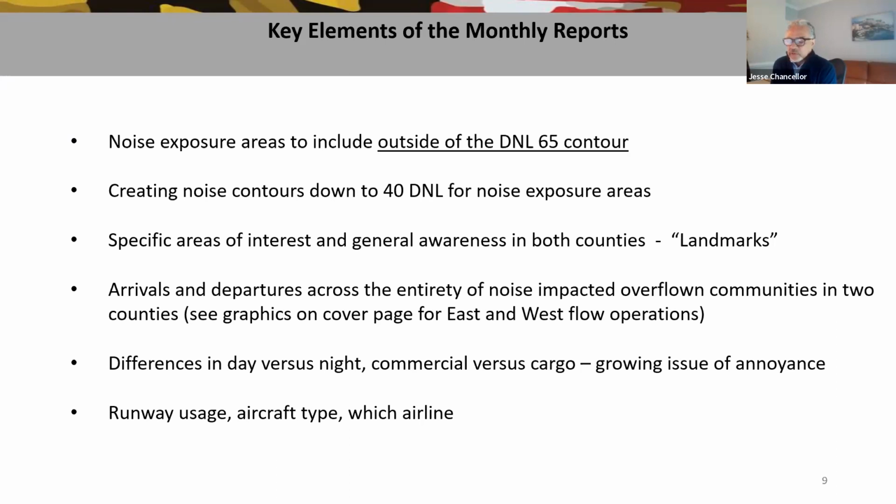So our contours are drawn out to 40 DNL. And it's important to know that in our report, we identify specific landmarks that are recognizable to the residents, such as schools and parks and hospitals, where noise pollution is being captured. And so with that, I'll turn it over to Jim, who will go over the monthly report in more detail.